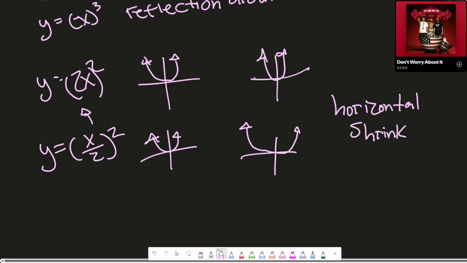I'm saying this would be a horizontal stretch. And during horizontal stretches, key y values don't change. So here the y-intercept will stay at (0, 0). Wait.